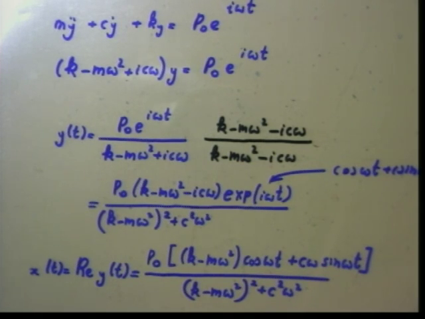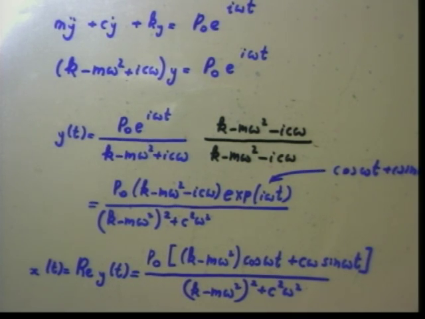In the numerator, I do have. And that is, look, this time, P0 times this, times e to the power i omega t. Now this e^(i omega t) is cosine omega t plus i sine omega t. So now I will find immediately x of t. x of t, I said, is the real part of y of t.